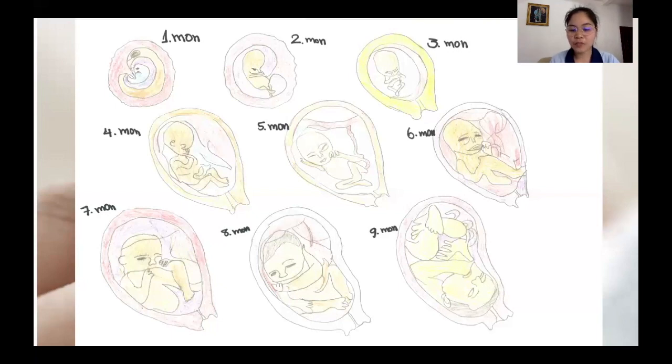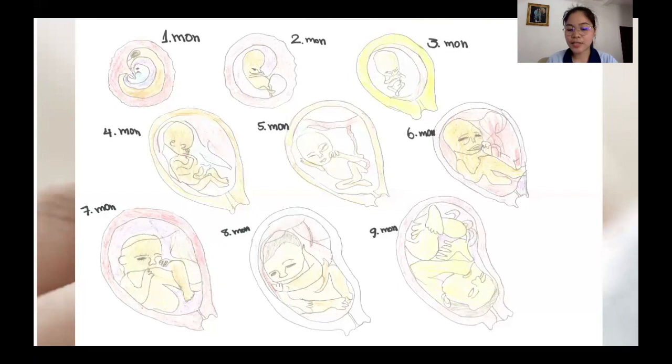The beginnings of teeth are formed, and the baby's reproductive organs also develop. By the end of the third month, the baby is fully formed, and all the organs and extremities are present and will continue to mature in order to become functional.